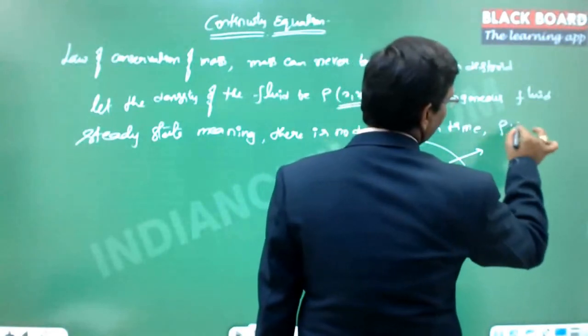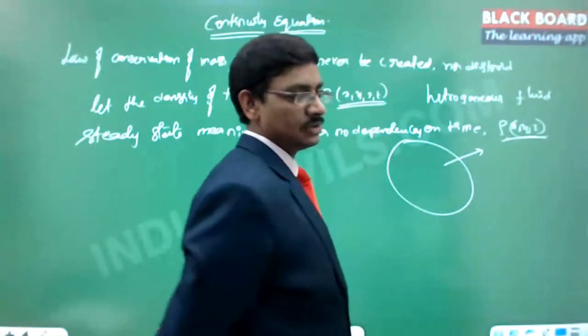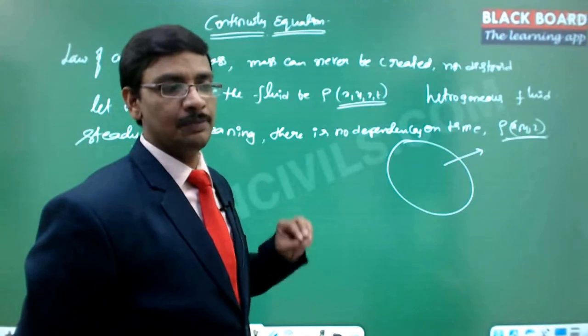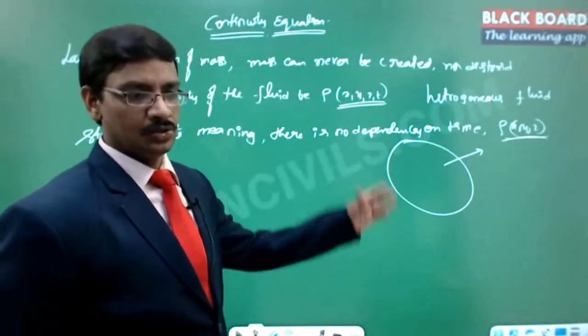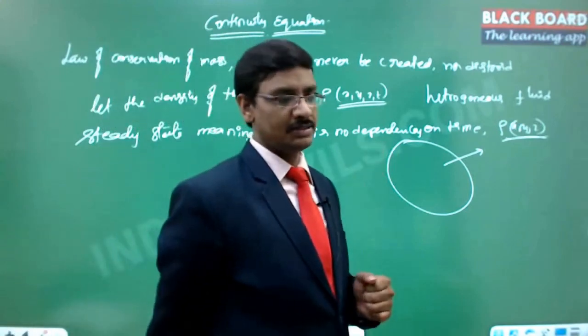That means rho can be expressed as a function of x, y, z itself, with no dependency on time. If at that particular point it maintains constant with time, but depends only on the space coordinates, that can be called purely heterogeneous. Now this is a heterogeneous fluid, let us say.